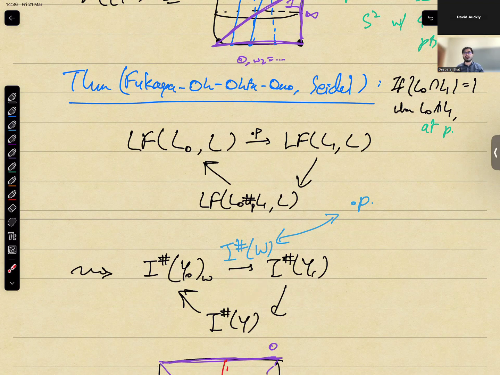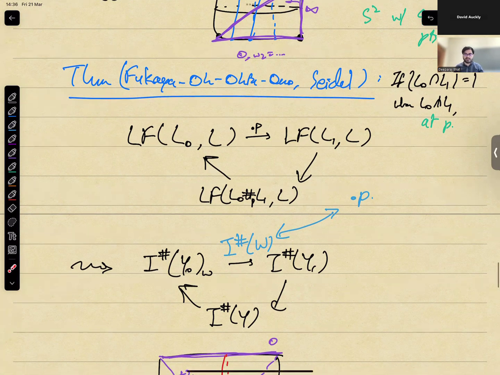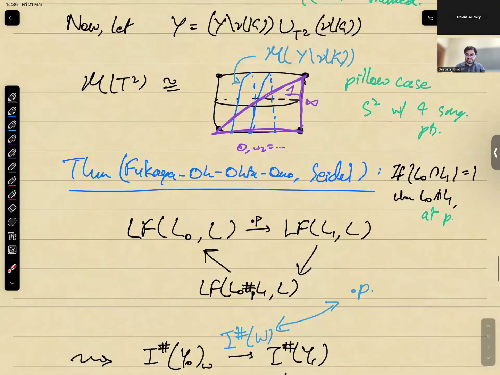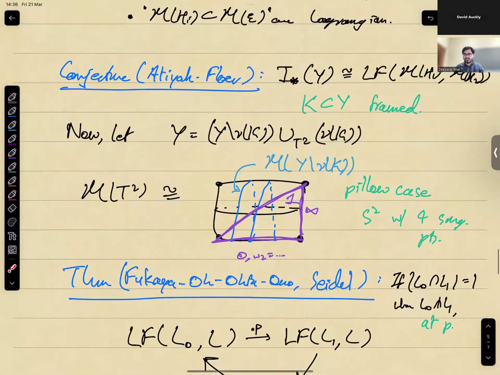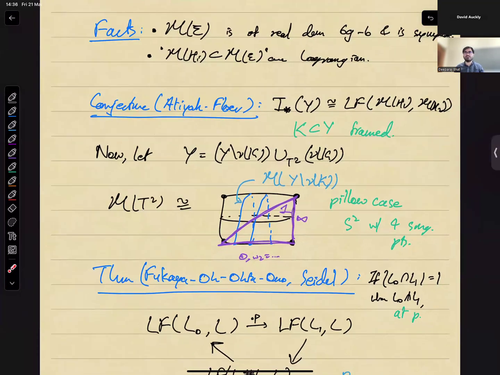So what I meant, and I was being a little careless with my wording, is that while this conjecture is stated for this three-manifold, the expectation is that there's some level of functoriality in this isomorphism as well.